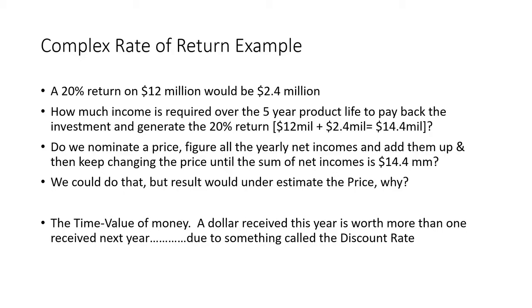We can't do that if we have to wait till next year to receive the dollar. And so to describe that time value of money, we attach something called a discount rate to our calculations. It's the rate at which the value of the dollar decreases year over year over year, or period of time over period of time.